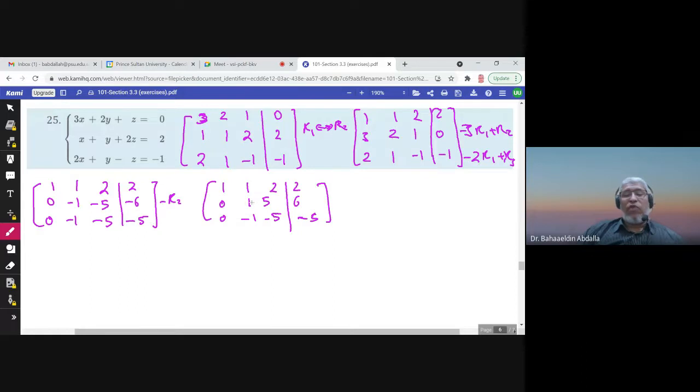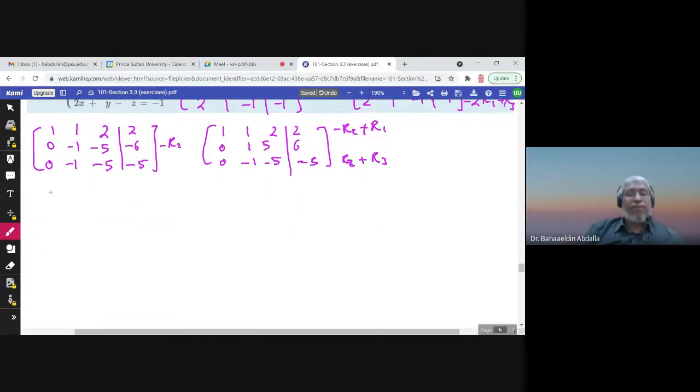And I have to use this one to make this one 0. So negative R2 plus R1 and R2 plus R3. Negative 5 plus 2.